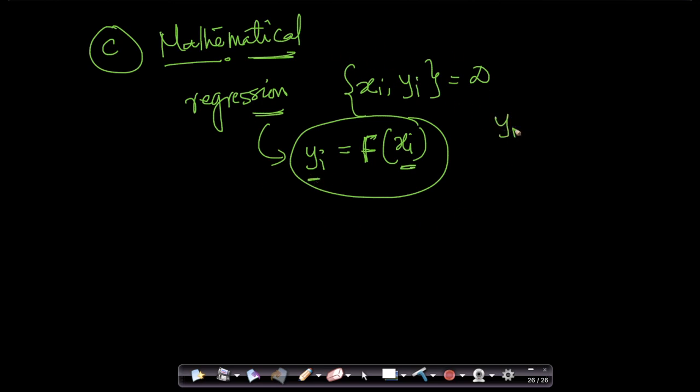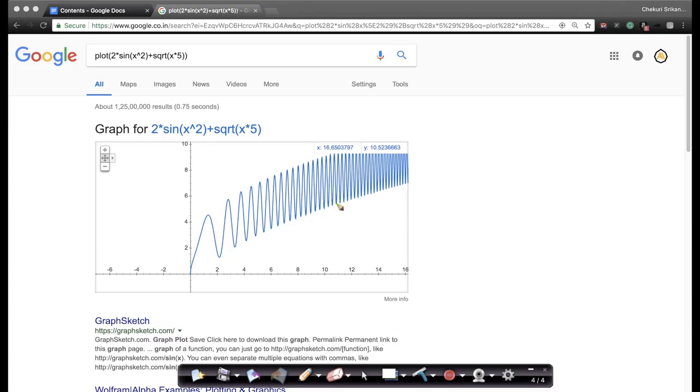Here your yi's belong to real values in a regression problem. Let's take regression for simplicity because it's easier to understand than classification for this argument. So let's assume I'm given this data set where this is my x-axis and this is my y-axis. I'm given some data set, xi comma yi.